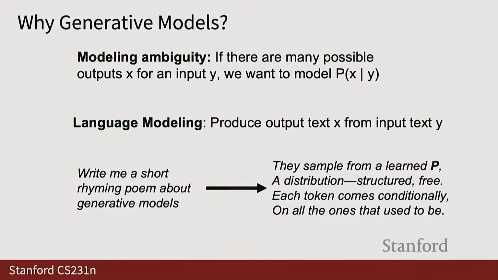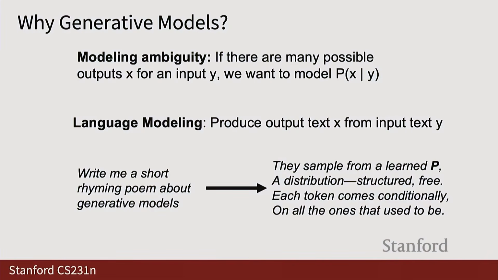Okay. So, why generative models? The main reason you want to build generative models is whenever there's some ambiguity in the task you're trying to model, right? The beauty of a probabilistic model, P of X given Y, is that it's probabilistic. There might be a whole space of possible outputs X conditioned on that input label Y. Sometimes there's just a deterministic mapping, right? I look at an image, I want to ask how many cats are in the image.